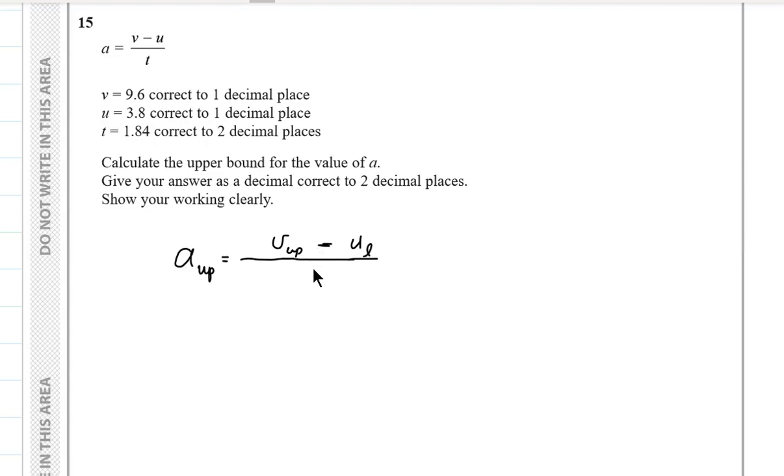And divide by what? T here is the denominator with positive sign, so of course it will be the lower bound of t. Which means that here I will put v upper bound, which is 9.65, minus u lower bound, which is 3.75, divided by the lower bound of t, which is 1.835.